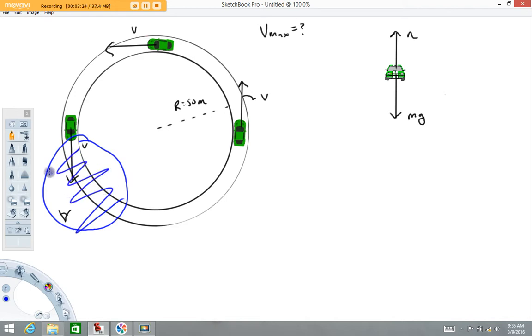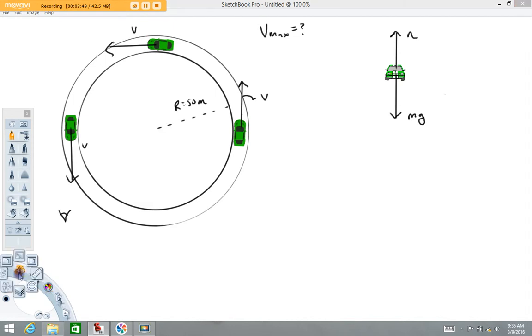Where is that car going to end up? The car's going to end up down here somewhere. Because if this is ice in this region, the car's not going to be able to change its velocity vector. It'll just go right off the road. So the frictional force between the car's tires and the road is what allows it to change the direction of its velocity vector. Basically the frictional force is what's keeping this car on its circular path.